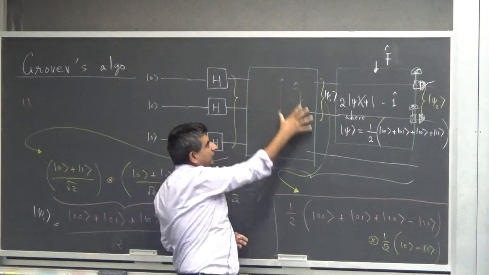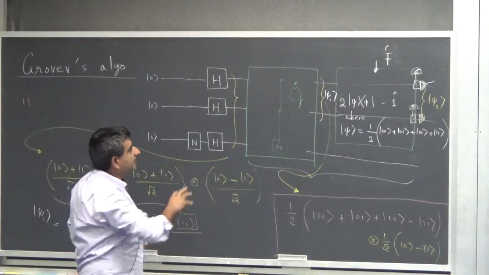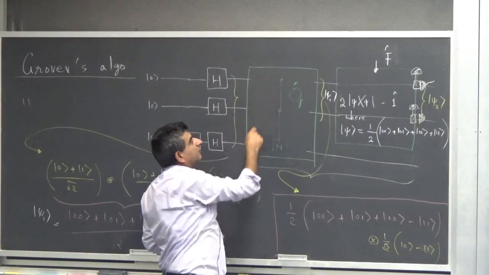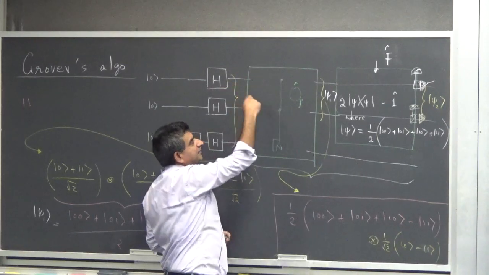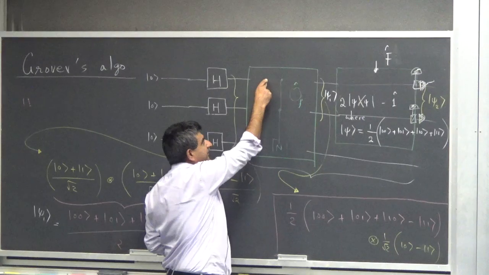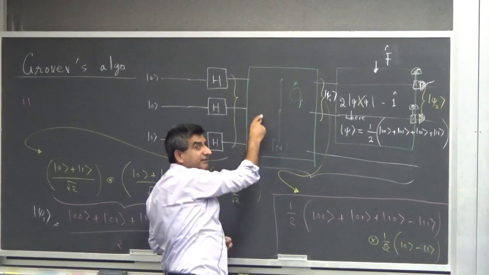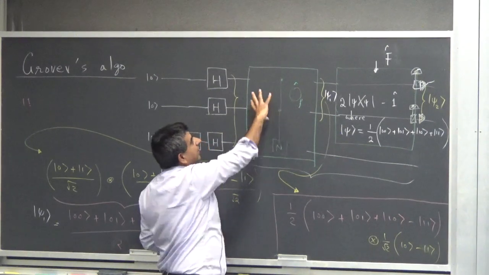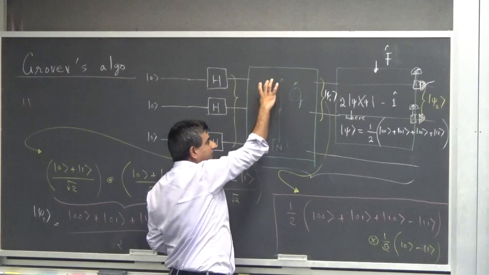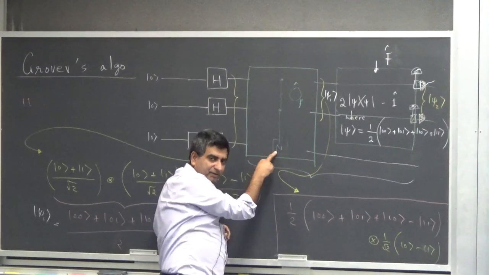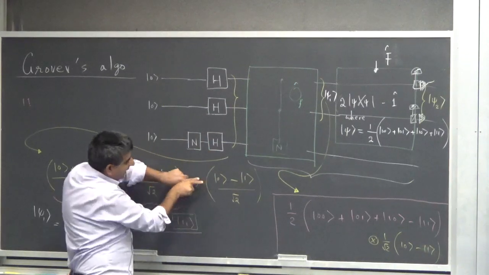So we've designed an oracle. The oracle does the following. If both of those qubits comply with the state that we're looking for, that is, if this is in state 1 and this is in state 1, that's the string that we're interested in searching for, conditional upon achieving this combination, we invert this qubit. And when we invert this qubit, a negative sign appears here.